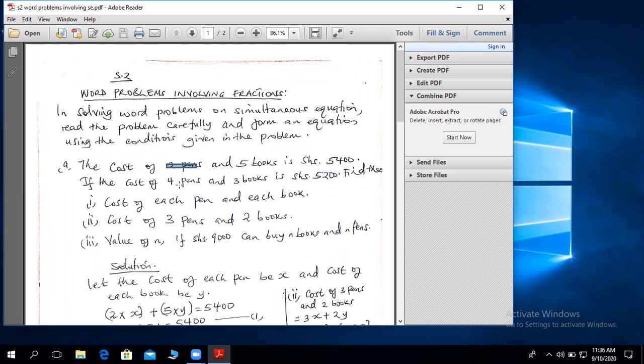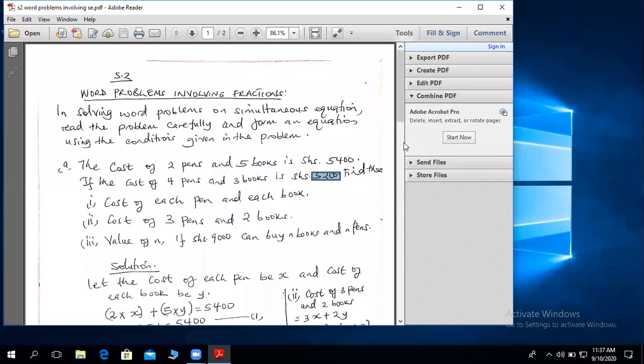If the cost of 4 pens and 3 books is 5,200, we are saying if someone has 5,200, that person can buy 4 pens and 3 books. Find the cost of each pen and each book.